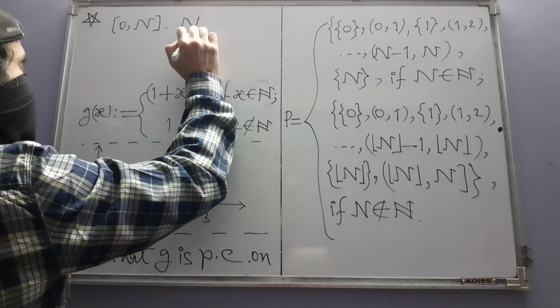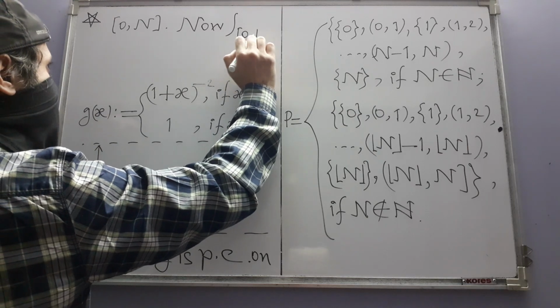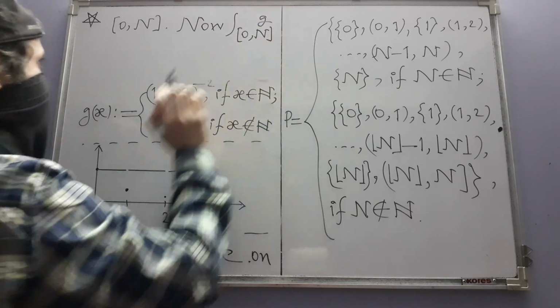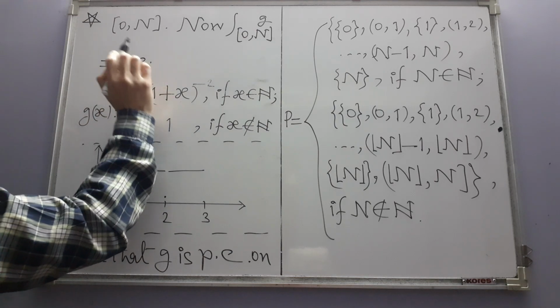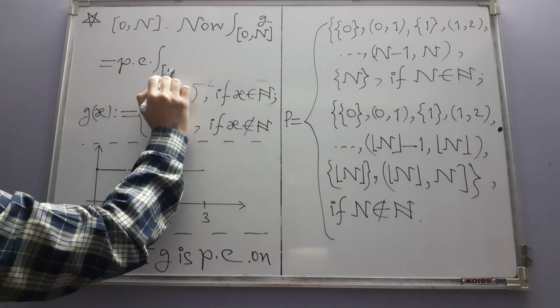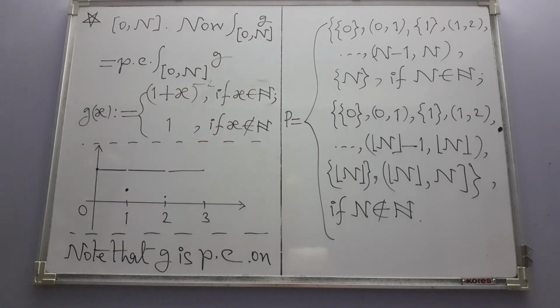Now, the integral of g over that interval is the PC integral of g over that interval. But this is where we need to carefully see what that thing will be.